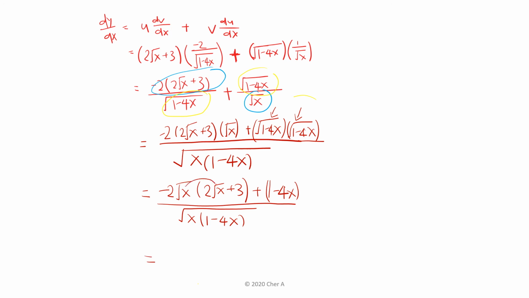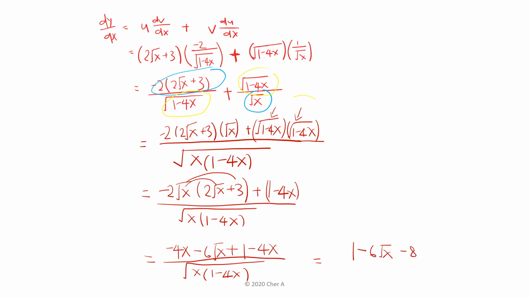Alright, so I'm going to do some expansion here. Minus 4x minus 6 square root x plus 1 minus 4x over the common denominator. So my final answer will be 1 minus 6 square root x minus 8x over square root x times 1 minus 4x.